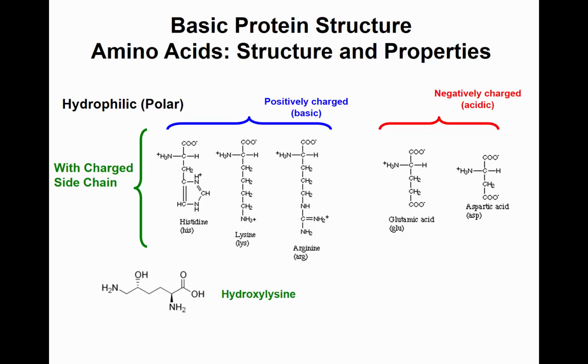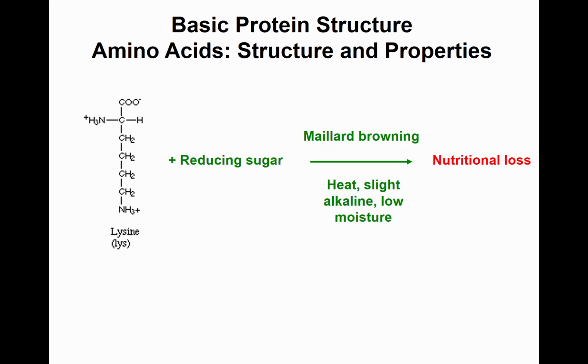Okay, but before I tell you why it's important, again, there is hydroxylysine, the same as hydroxyproline, through post-translational modification, you can have an additional amino acid that is hydroxylysine. But what's unique about lysine, it's the most reactive amino acid in the Maillard reaction. Why? Because it's the only amino acid that has two tertiary amines.